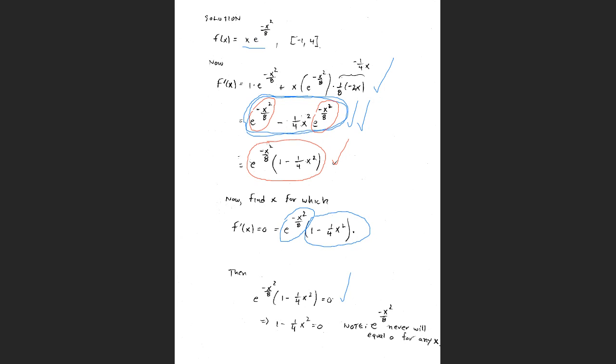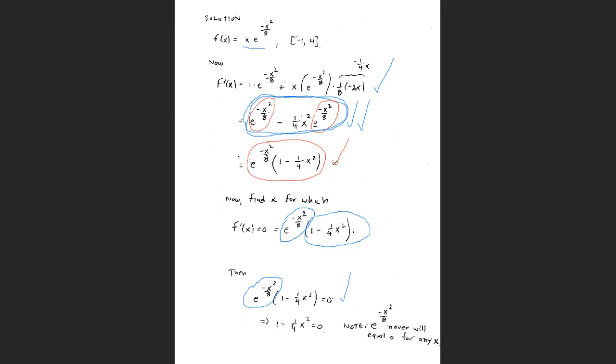All right, well, so the e to the negative x squared over 8, can that factor ever equal 0? Like for any x, can that factor ever equal 0? No, it can't.